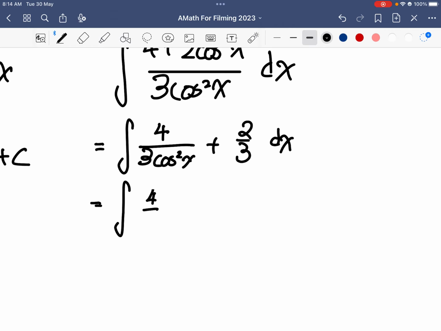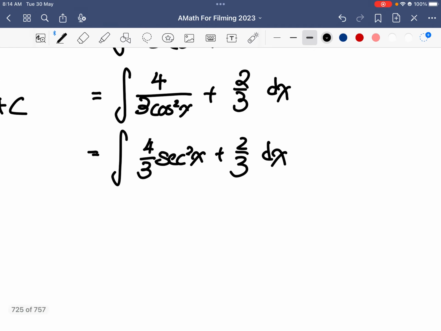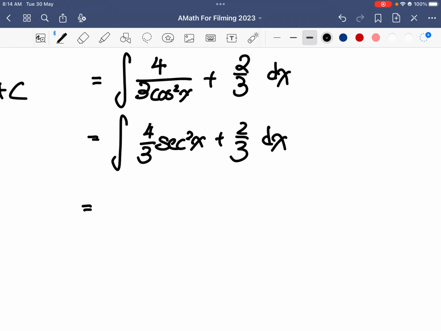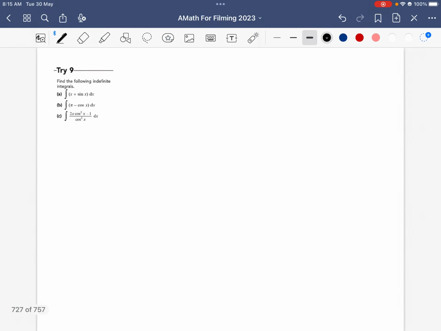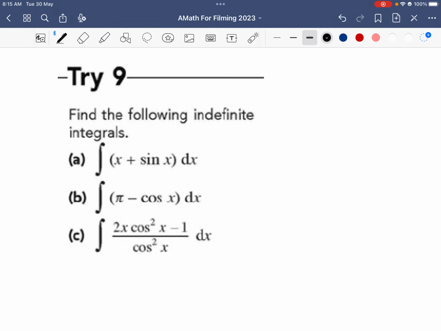If we have done that, what I get is 4 over 3 secant square x plus 2/3 with respect to x. Now all the stars are aligned. If I integrate, secant square x integrated will give you tangent x. 2/3 is a constant, so if you integrate, you get 2/3 x, and don't forget your integration constant plus c. And that is that for part B.